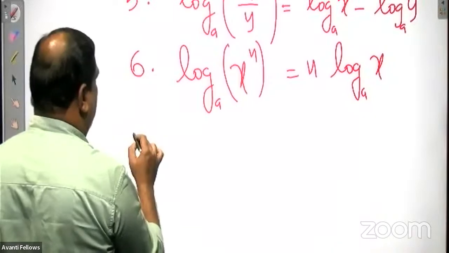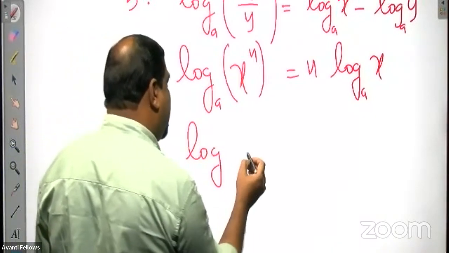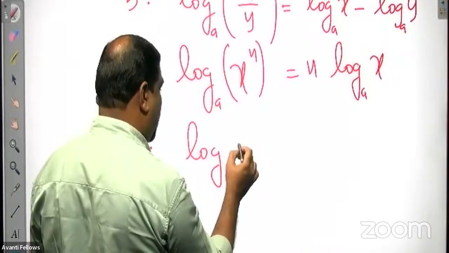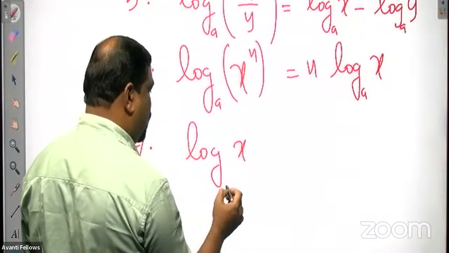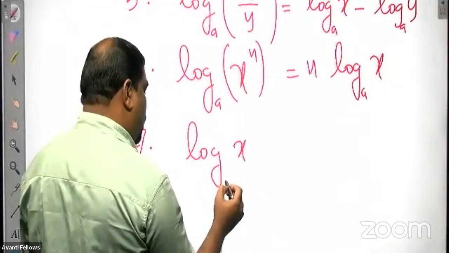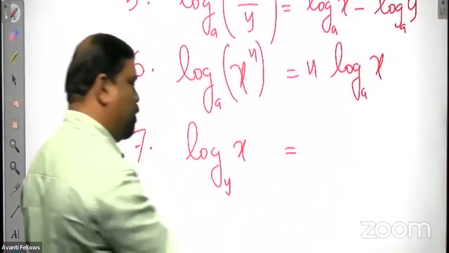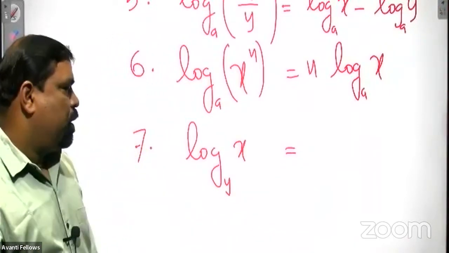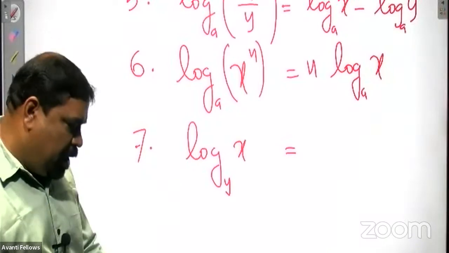Another important property is also known as the base changing rule. Log x to the base y can be changed into another base.